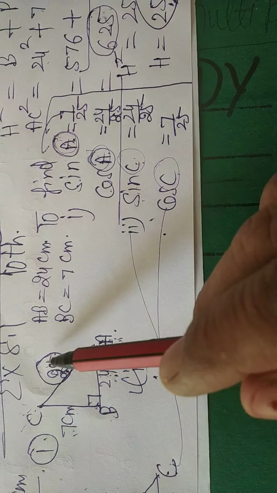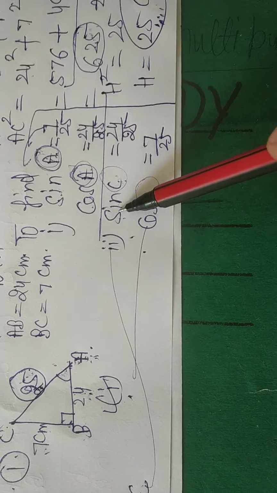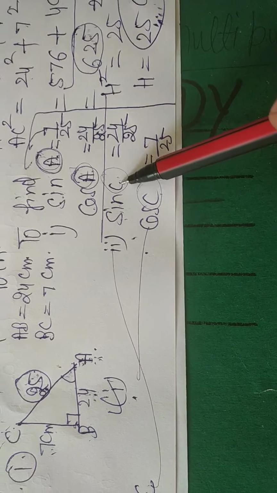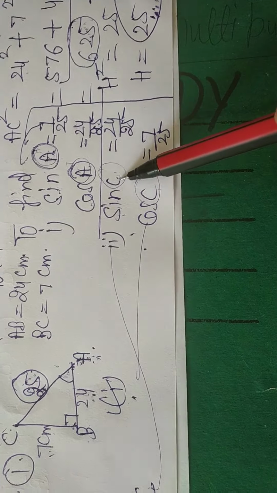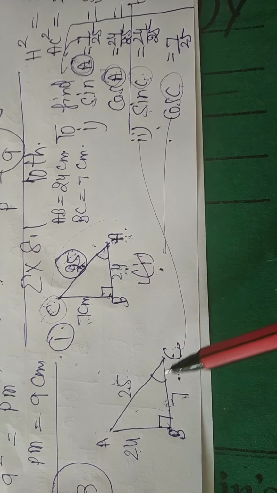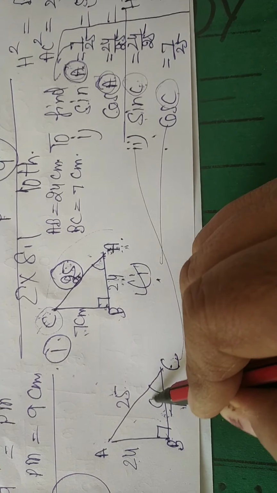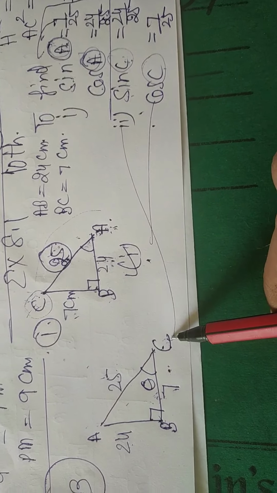But now, dear students, if I have to find out sine C, then the angle C should be in the base. So I will redraw this figure by keeping C down and A up. I explained again, C down because I have to find the theta, and theta should be in the base.